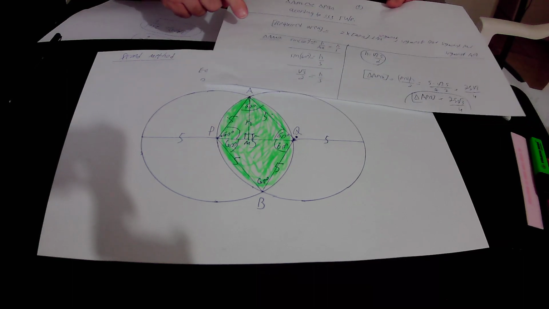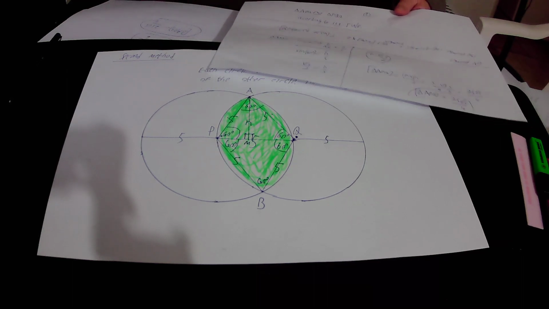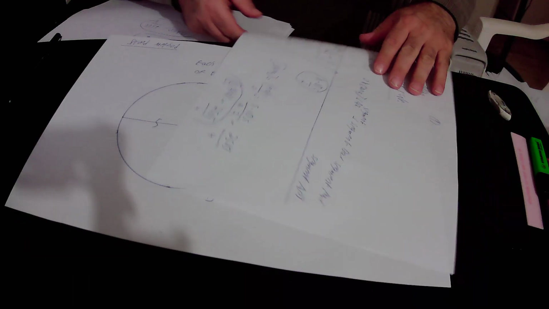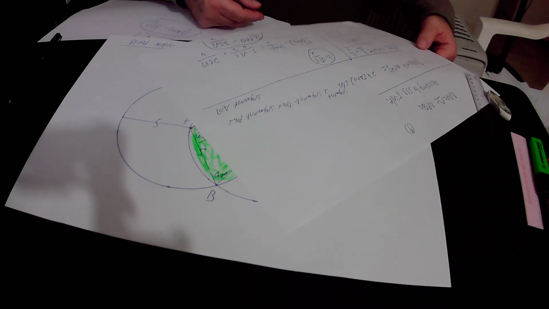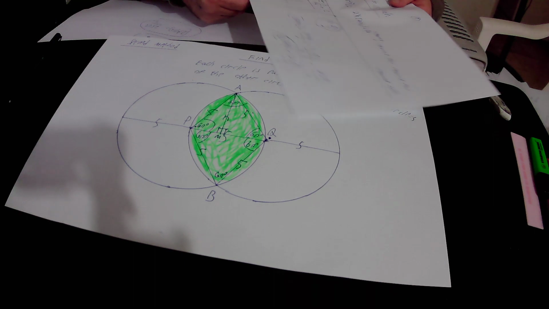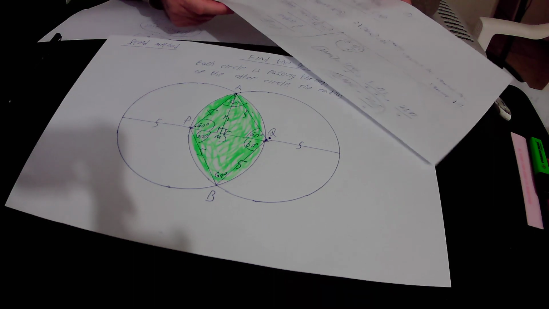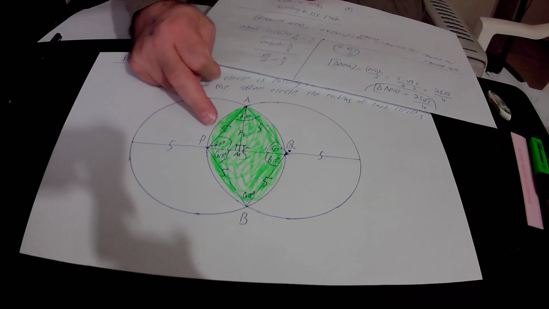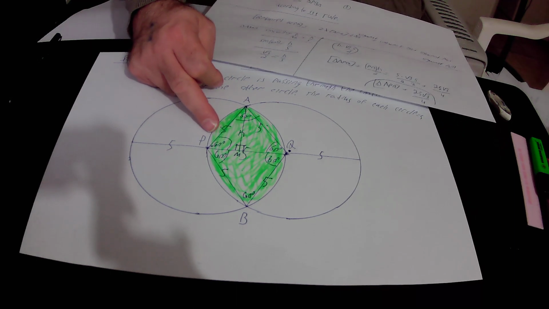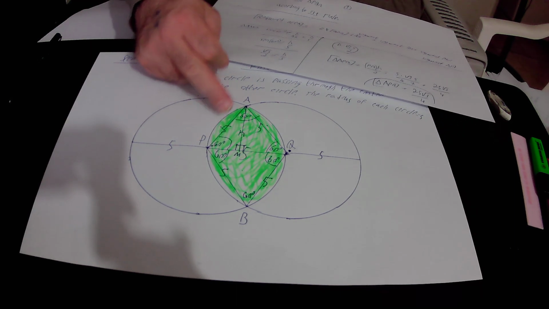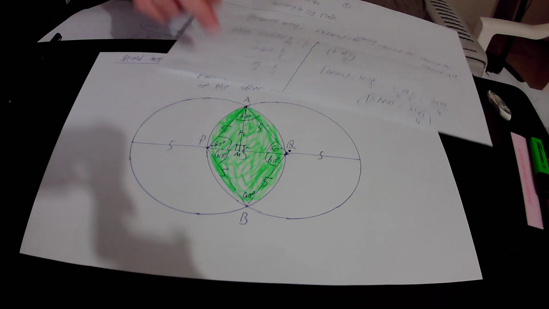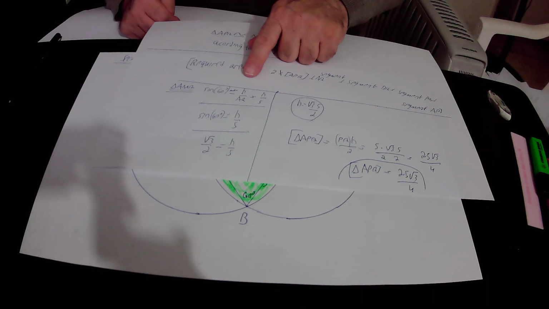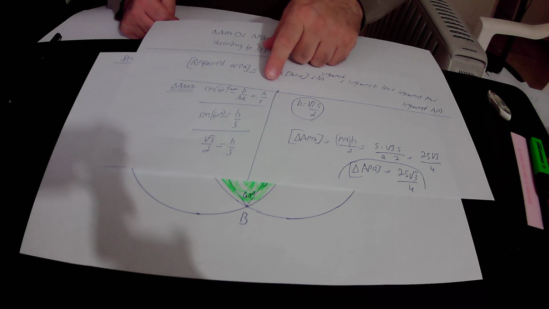Okay, so now we need the area of triangle AQP. We found out the area of triangle AMQ. Actually, here in triangle AMQ, we know that sine 60 degrees equals h over 5.